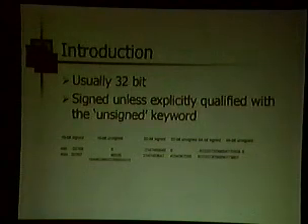Okay, now firstly we're going to briefly talk about how integers are stored in a program. They're usually 32-bit on a machine, but it depends on the machine. We'll assume they're 32-bit here, and they're also implied to be signed, so they can be positive or negative unless the unsigned qualifier is explicitly used.